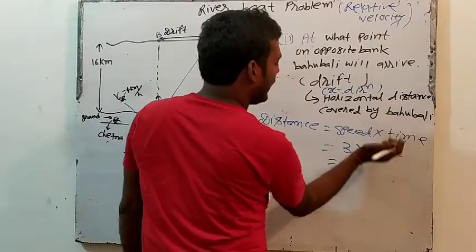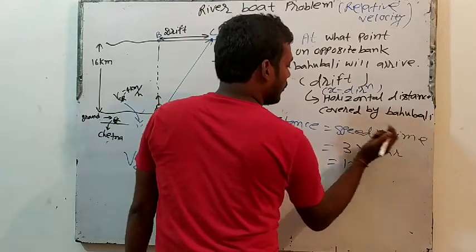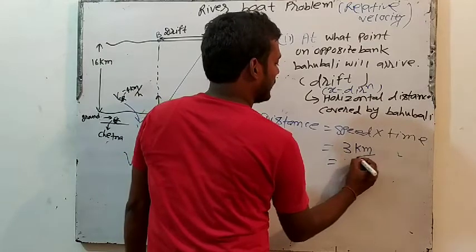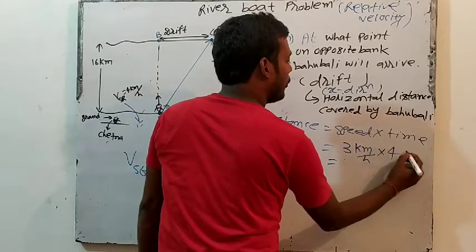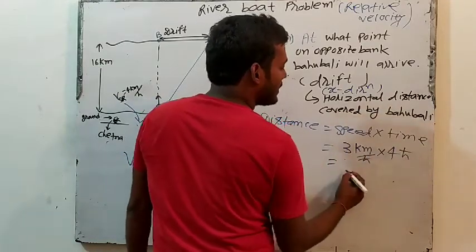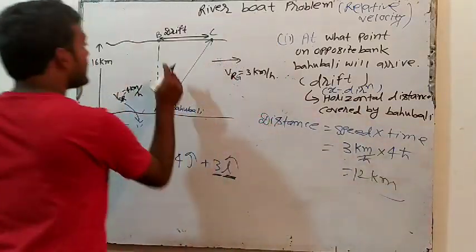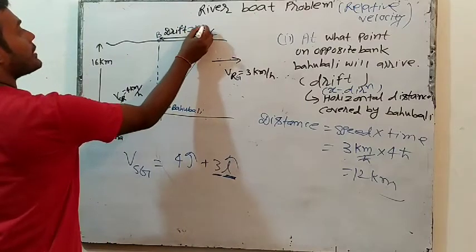Speed is how much? 3 km per hour into time is how much? 4 hours. So hour cancels. 3 into 4 will be how much? 12 km. So how much distance is this? This drift is 12 km.